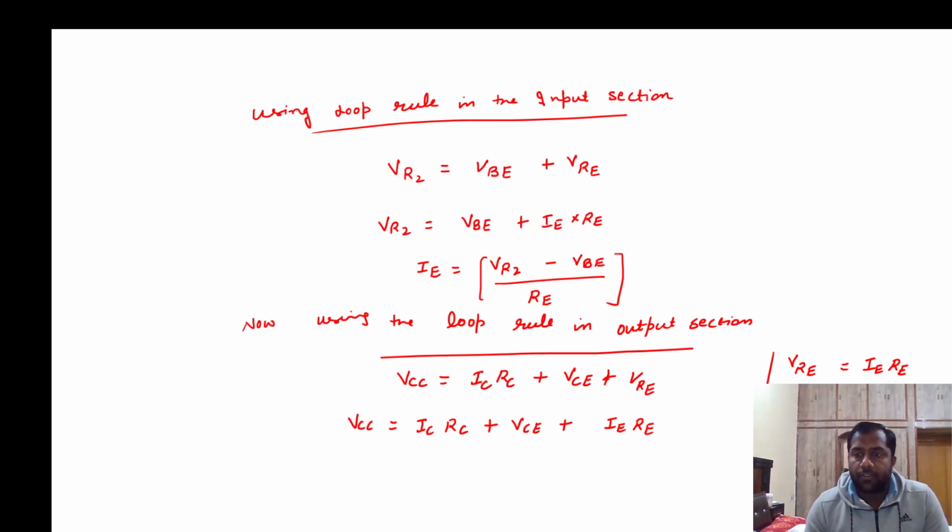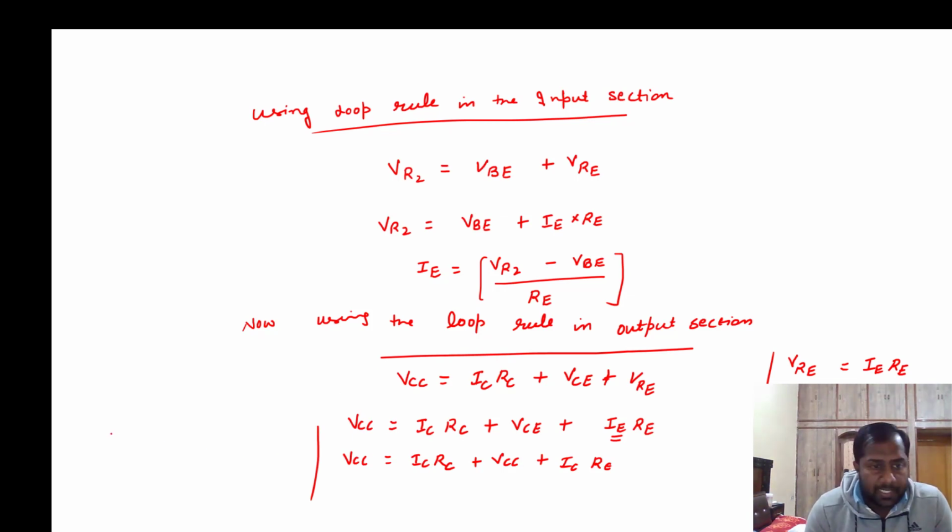And again, the value for this IB is very small in comparison to IC. So we can write down that IE is numerically equal to IC. So what will our equation become? This is VCC equal to IC RC plus VCE plus, since IE is now IC, IC RE.